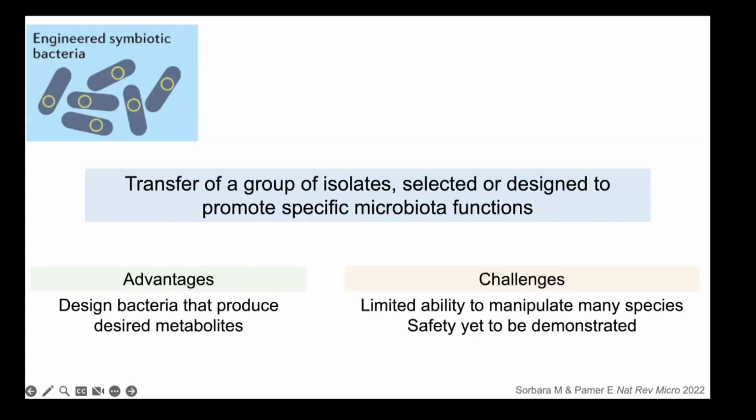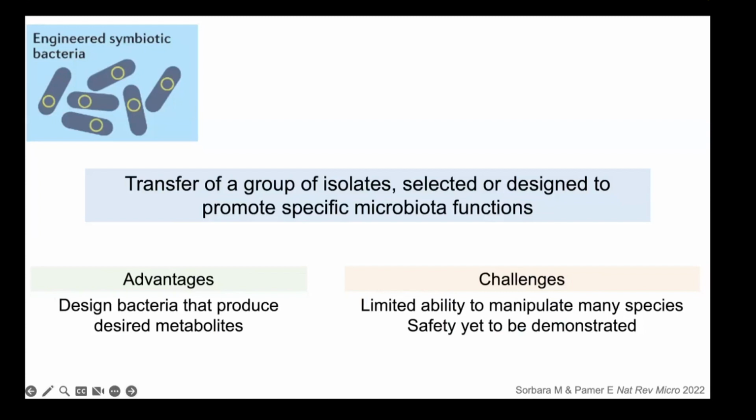So the advantages are, again, what you're giving, what the strain is, and you can specifically design, let's say you want to specifically design a Bacteroides species that is a short-chain fatty acid super producer, and you want to restore short-chain fatty acid production to a normal level.